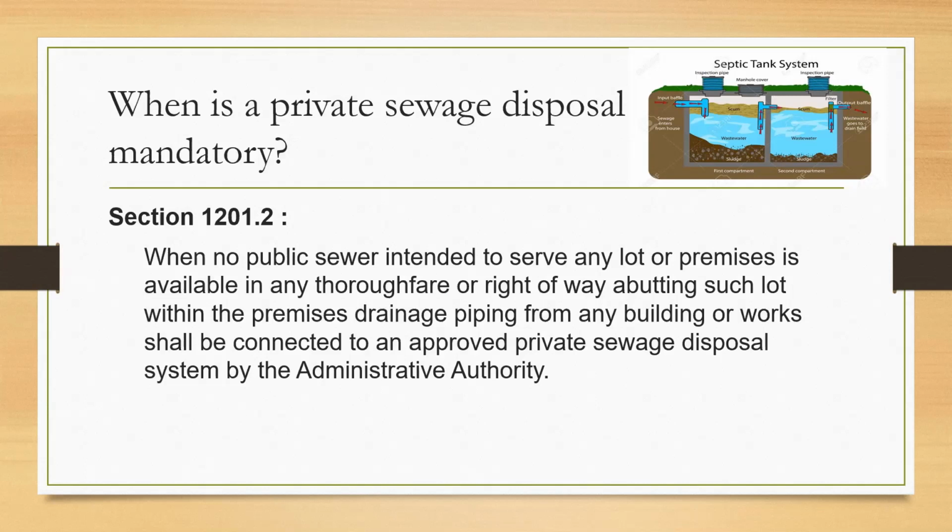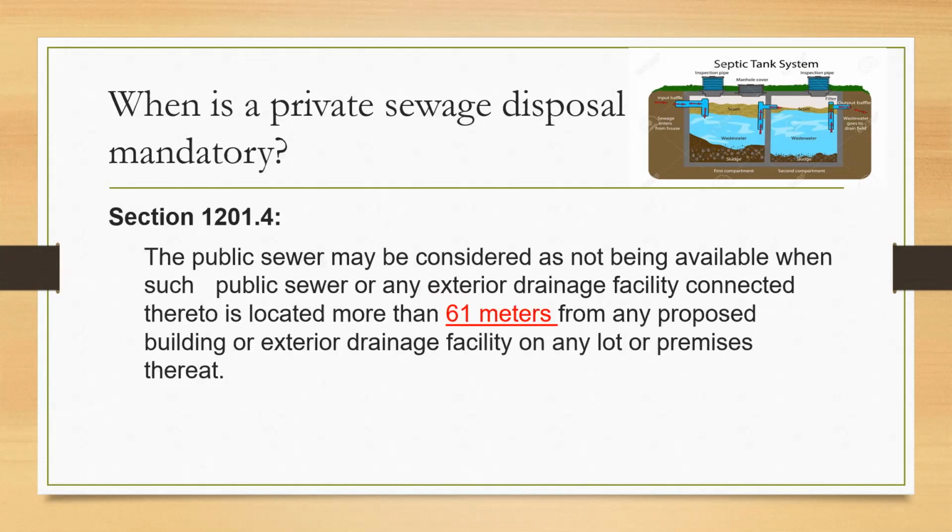And typically, also, based from the code, Section 1201.4, if the distance exceeds 61 meters from any proposed building or exterior drainage facility, kailangan po o requirement na maggawa tayo ng ating private sewage disposal system, which is what we call septic tank.